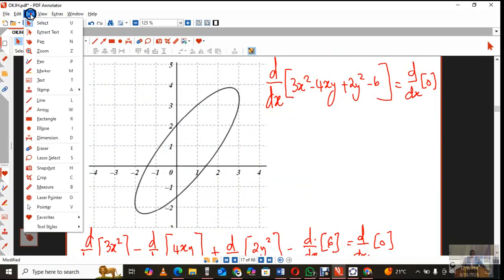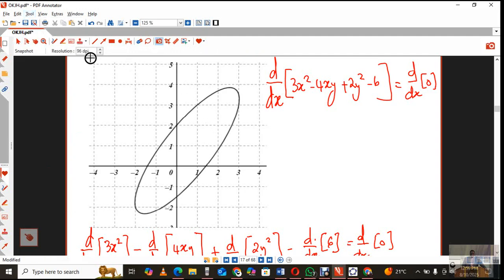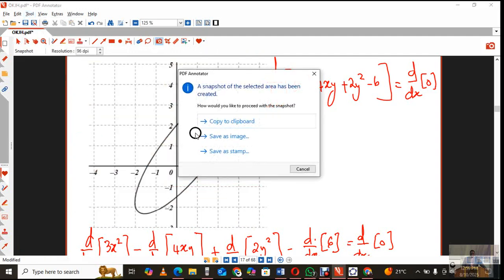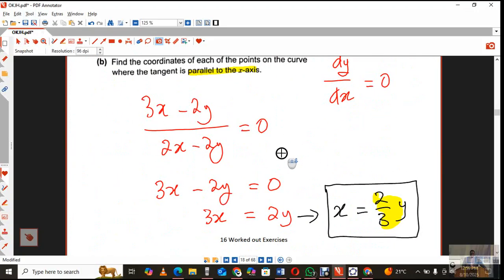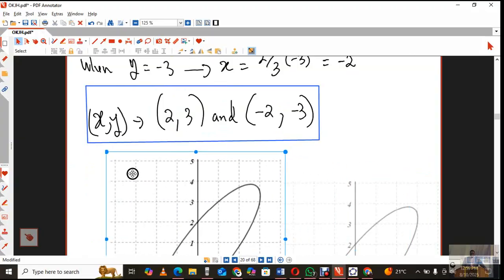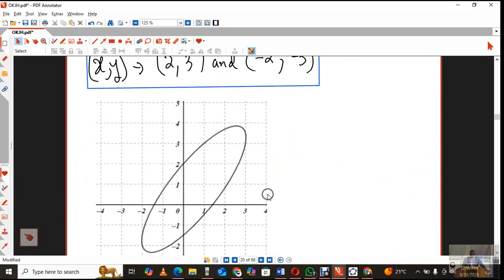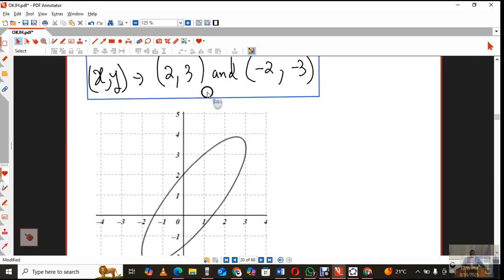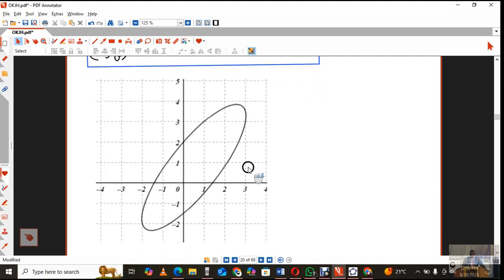So let's just snapshot this thing here and see what happens, if it really makes sense. They say the tangent, so that they say x is 2 and y is 3. Of course, you can see it doesn't really look like that's where it turns. The gradient is going to be those values, 2 and 3. Of course, the diagrams can be a bit deceiving.